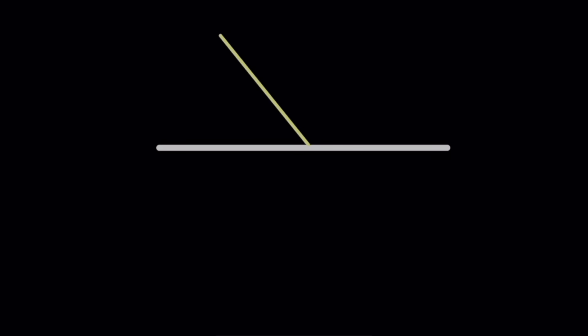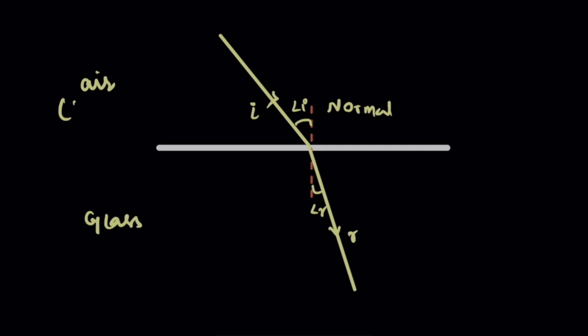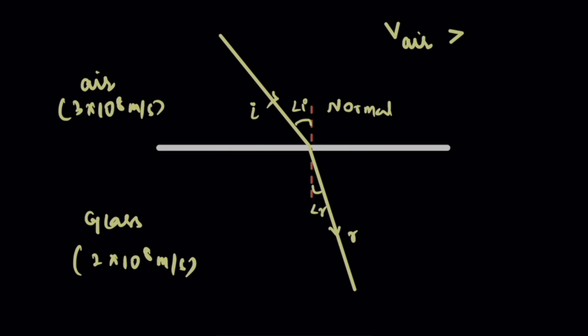If we have a surface and this is the incident ray, here we can make a normal and it bends towards the normal. So air speed is 3 into 10 to the power 8 meter per second, and glass speed is 2 into 10 to the power 8 meter per second. So speed of light in air is more than the speed of light in glass.